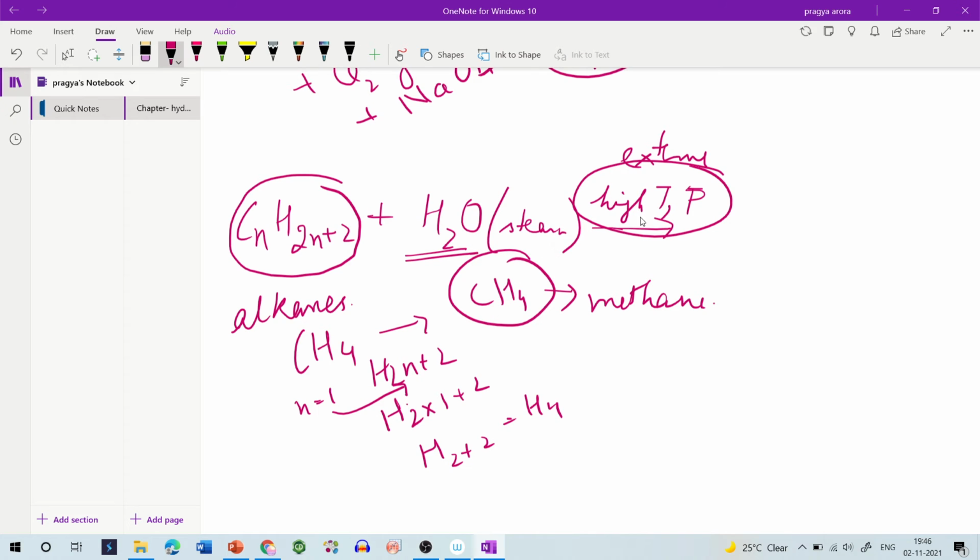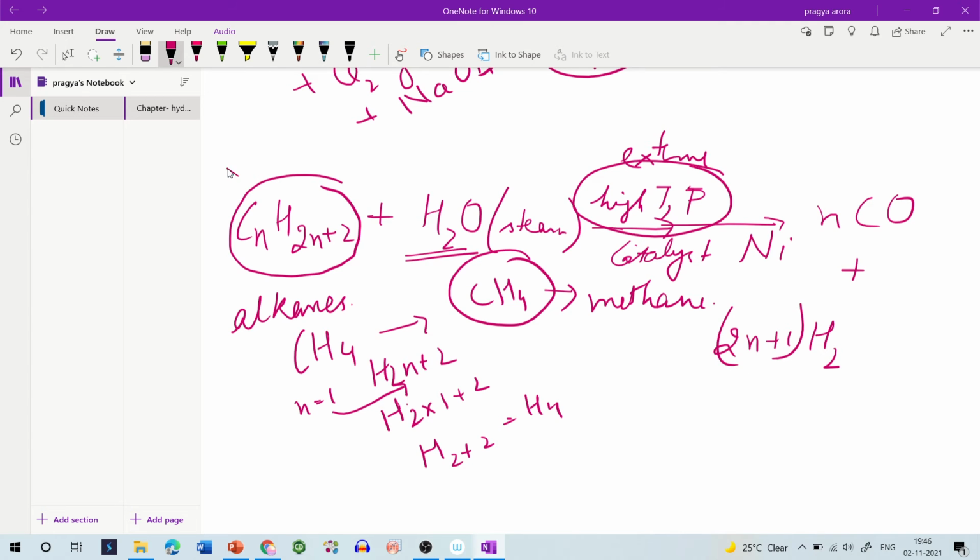It will react only if you provide high temperature and pressure in the presence of a catalyst as well. For this process, the catalyst is nickel. So the products formed are carbon monoxide plus hydrogen gas, formed in this amount.